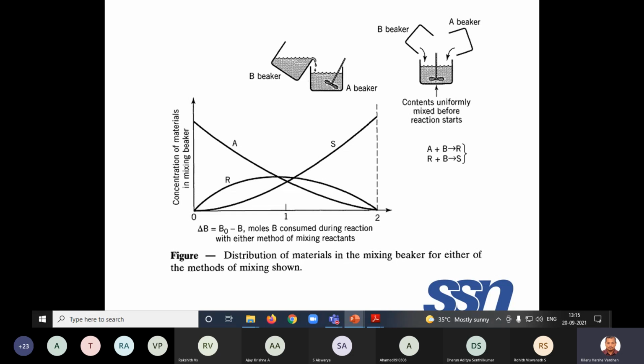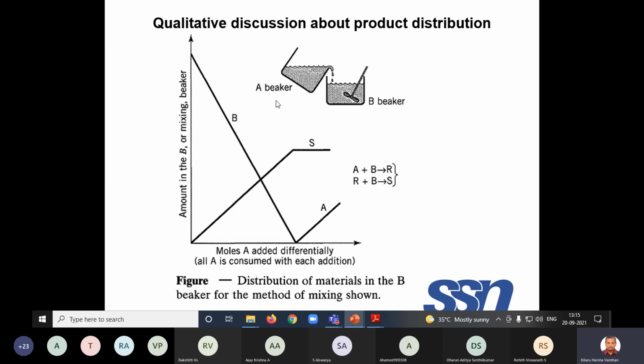Yeah, R goes to a maximum and then drops. If I do this, there is no R maximum or something like that.